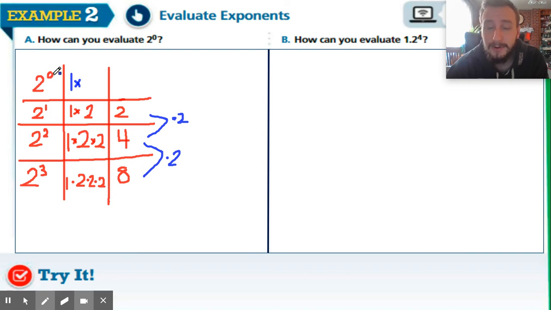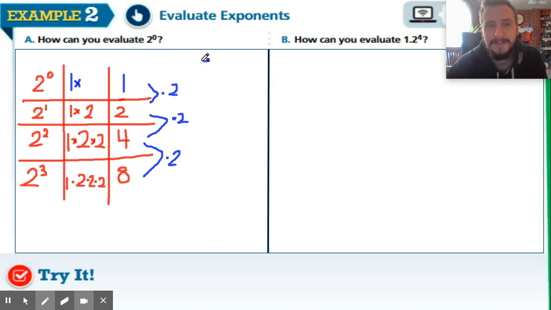So 2 to the power of 0 is 1. And if I look at my pattern here, isn't 1 times 2, 2? Yeah. So my pattern is able to continue. 1 times 2 is 2. 2 times 2 is 4. 4 times 2 is 8. So any number to the power of 0 is just 1.